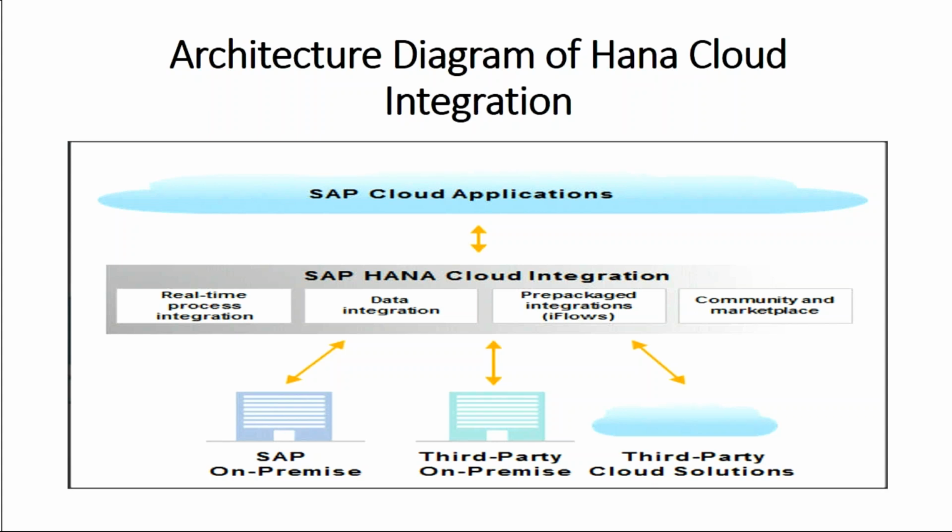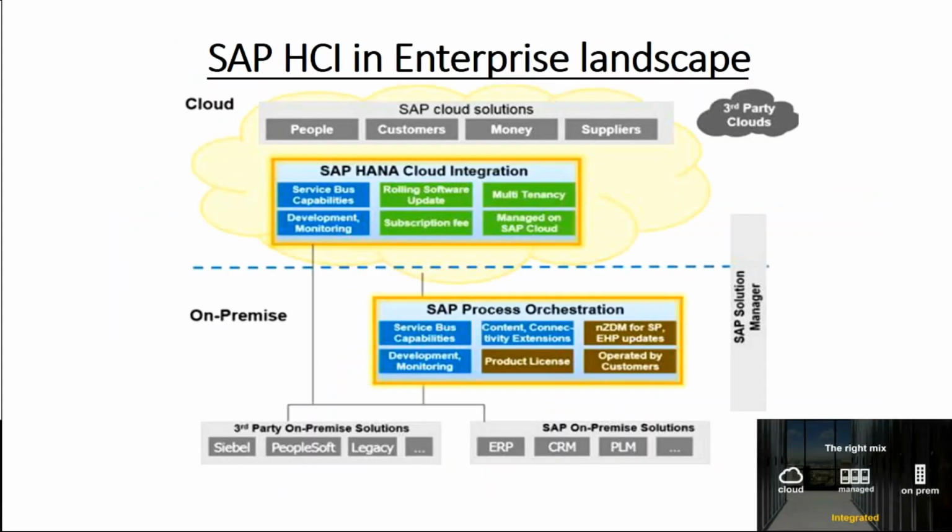Then you have, HCI can connect to SAP on-premises, SAP ECC, SAP CRM, SRM. So it can connect to third-party on-premises, let's say Siebel.